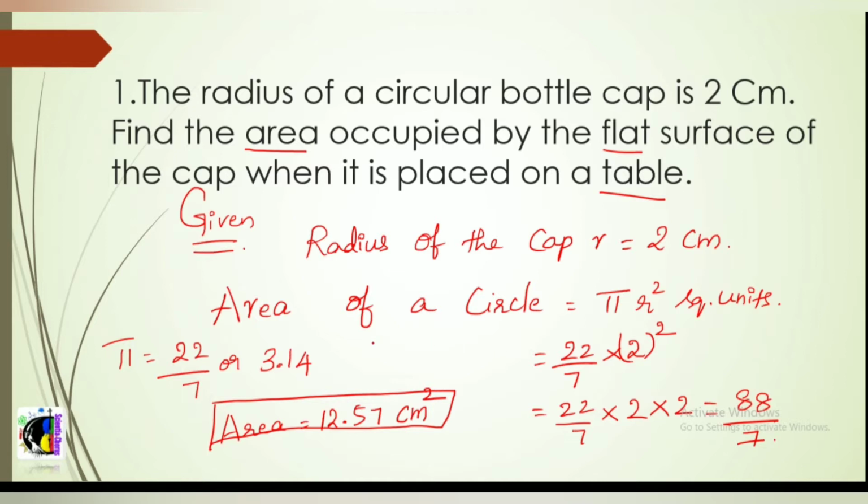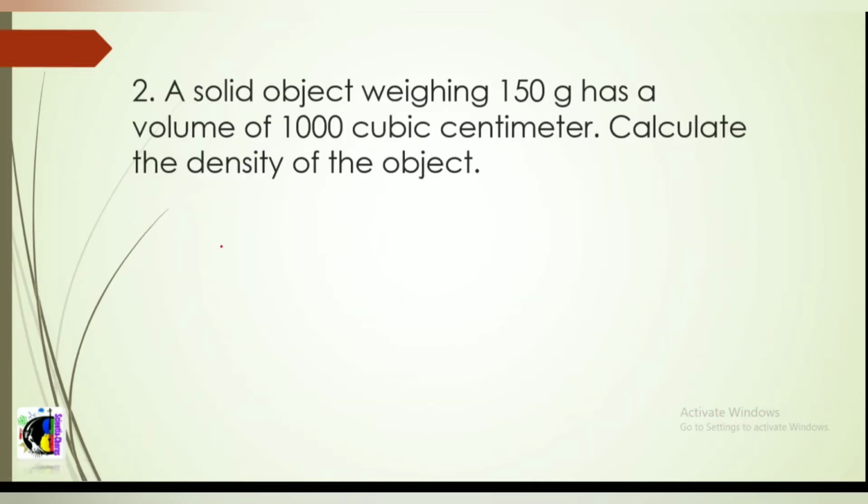Okay, let us move on to the second question. A solid object weighing 150 gram has a volume of 1000 cubic centimeter. Calculate the density of the object. So let me write down the given data first. It is a solid object weighing 150 grams.